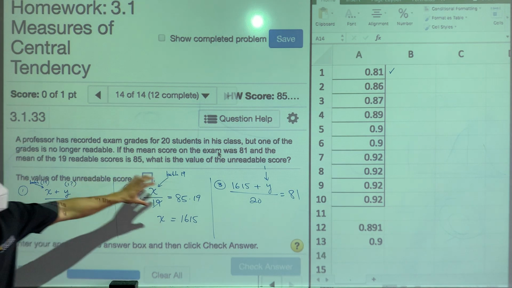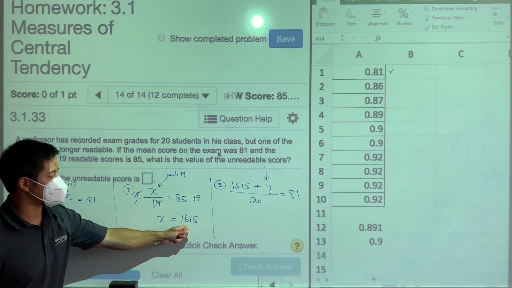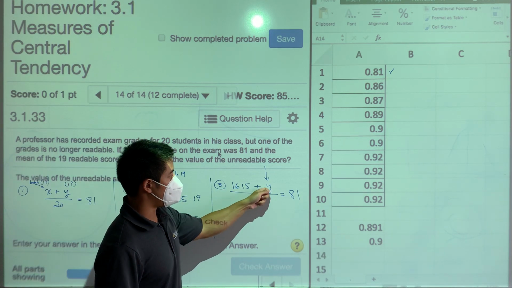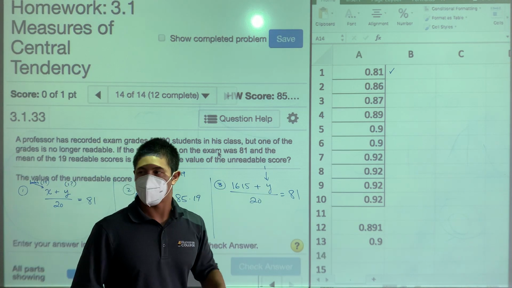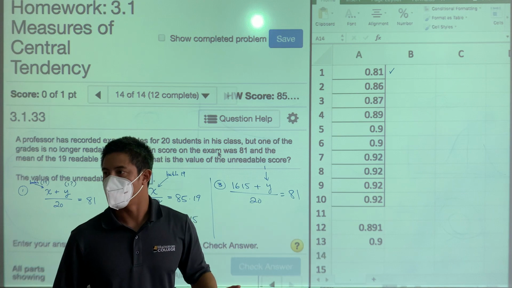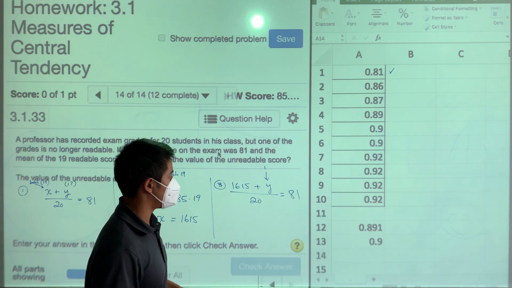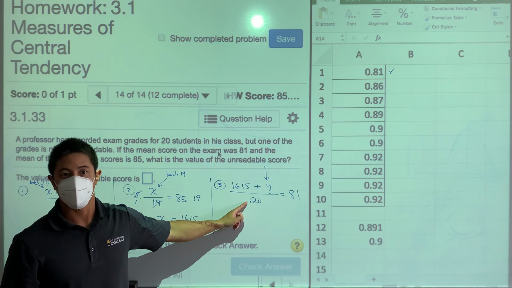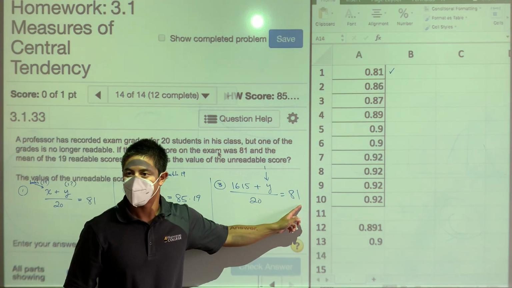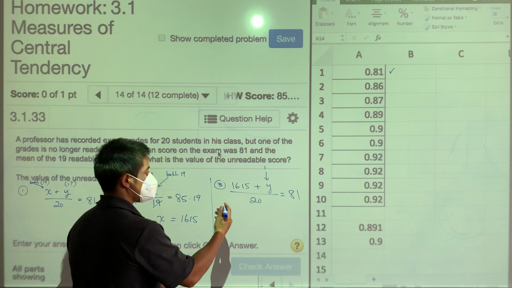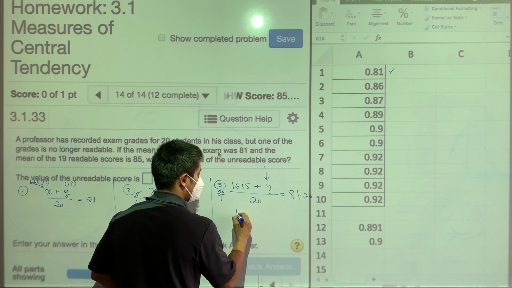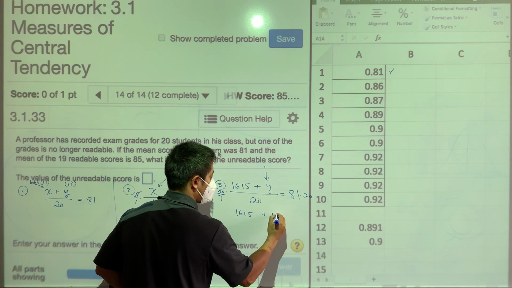So what this did for us is this helped us know what the 19 scores totaled up to. And now my one extra one, be it a 75 or an 82 or a 93 or whatever it happened to be, when I add it to it and do the real average of all 20 scores, it's going to be 81. How do I solve this? Well, multiply everything by 20 over 1. So I get 1615 plus my one unknown score.